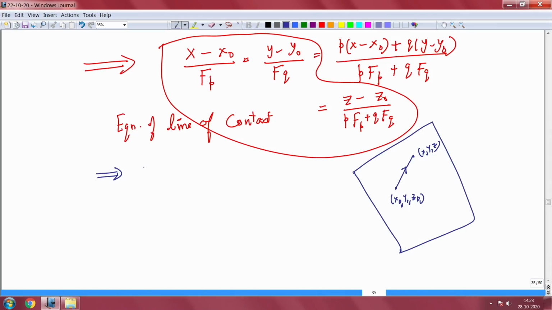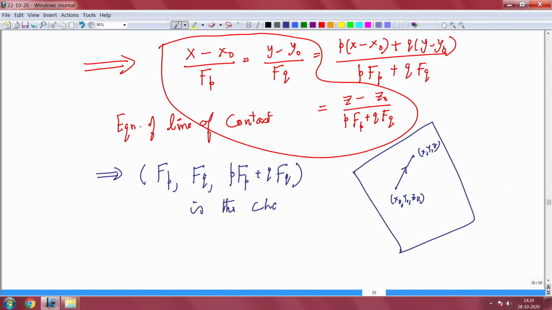That means fp, fq, p fp plus q fq gives you the characteristic direction.